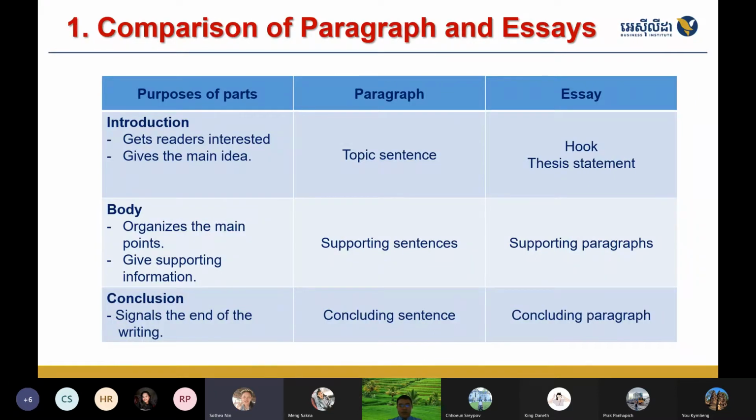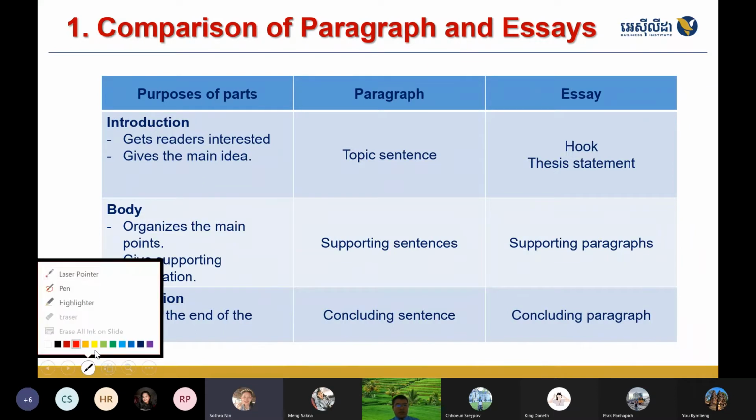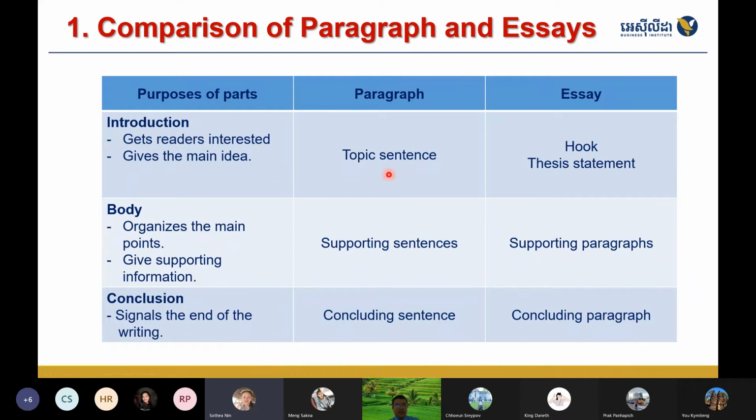Purpose of part include introduction, get reader interest, give the main idea. Paragraph: topic sentence. Essay: hook, thesis statement.